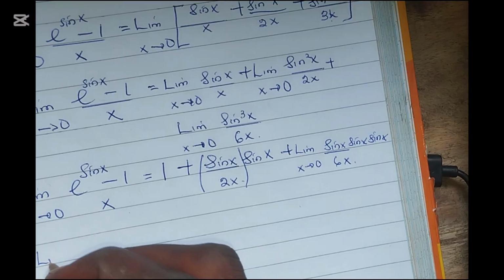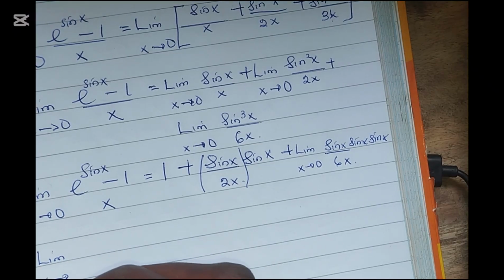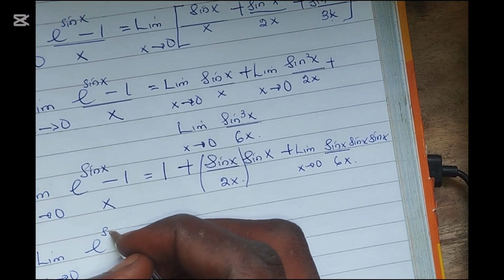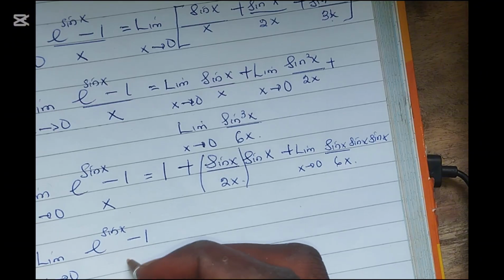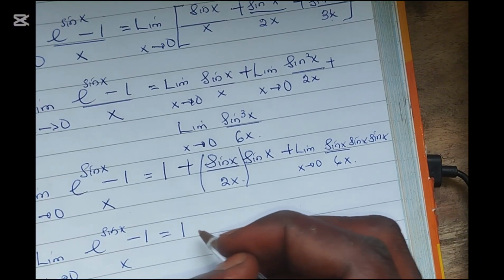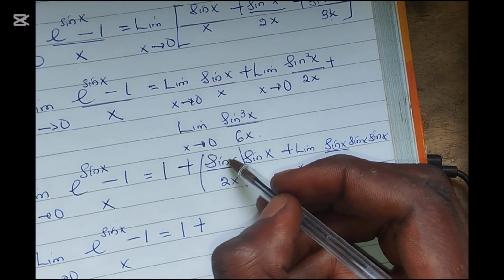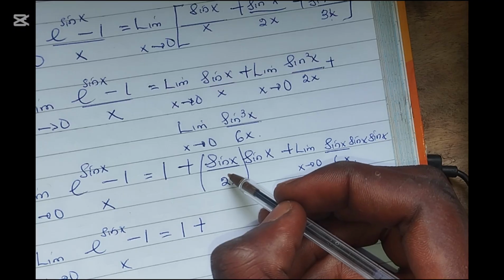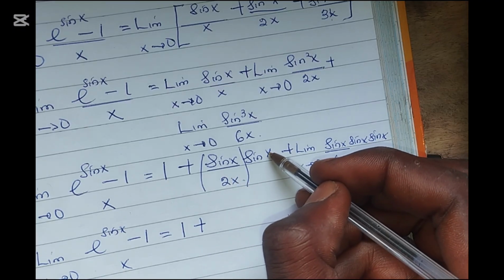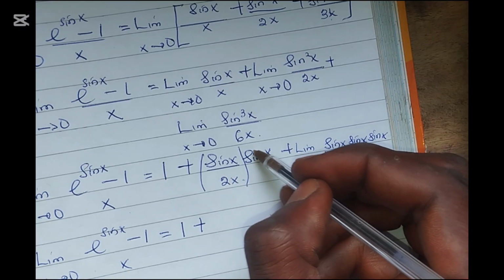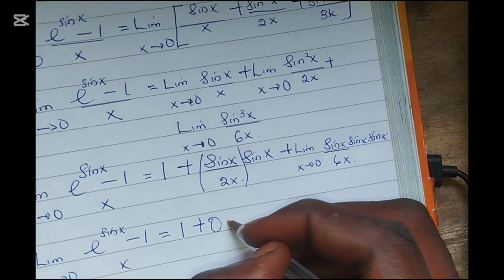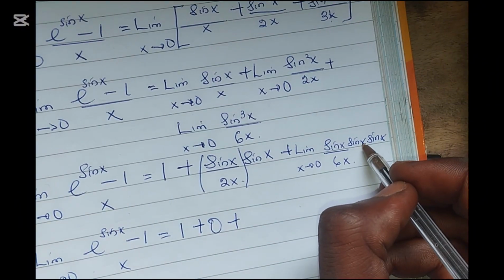So we have the limit as x goes to 0 of (e to the sine x minus 1) all over x is equal to 1 plus sine x all over x is 1. But if I place 0 here, sine 0 is 0. 0 multiplied by this goes to 0. Sine 0 is 0.